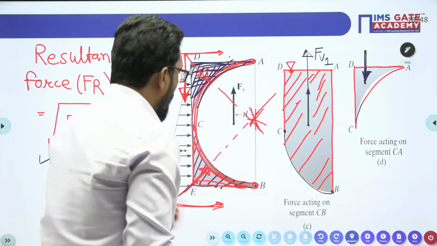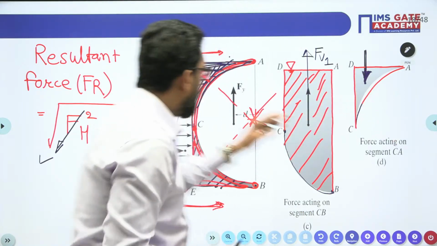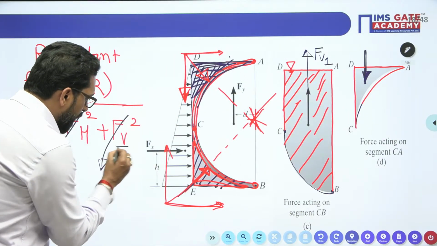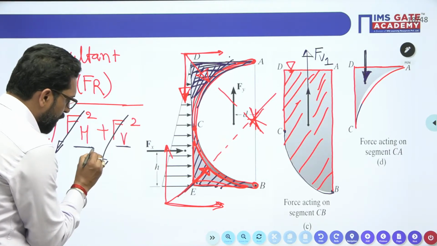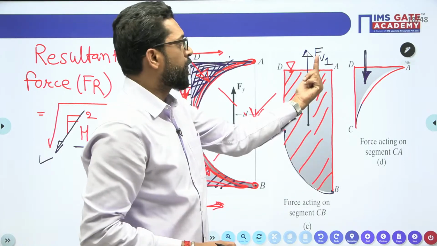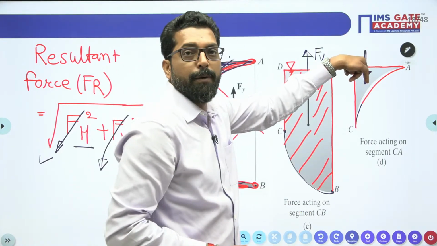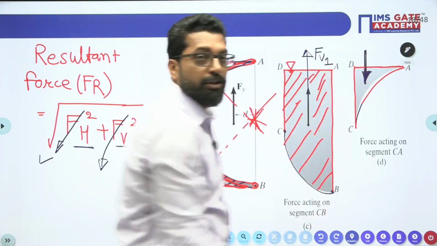Now, one is upward, the other is downward. We have to calculate the net vertical force, the net hydrostatic force. The net vertical force is the vertical force due to the lower portion minus the vertical force in the upper portion. Why? Because both are opposite in sense.